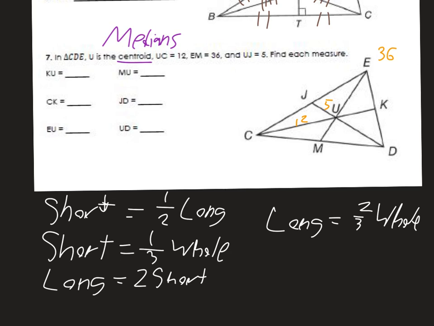So we're going to use our relationship between the short, which is 1/2 the long, to identify that KU has a measurement of 6. CK, well, CK is our full median, and the short segment is 1/3 the whole median, or we can use our segment addition postulate, 12 plus 6, to give us 18.